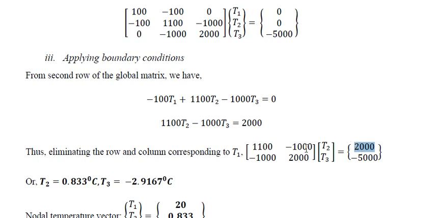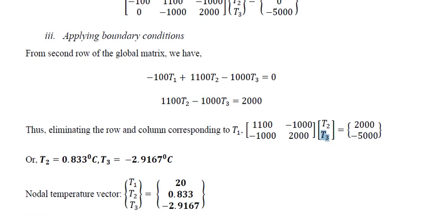Now, how many unknowns are there? Two. How many equations? Two. By that we can find temperature T2 as 0.833 degrees centigrade, and temperature T3 as minus 2.916 degrees centigrade.